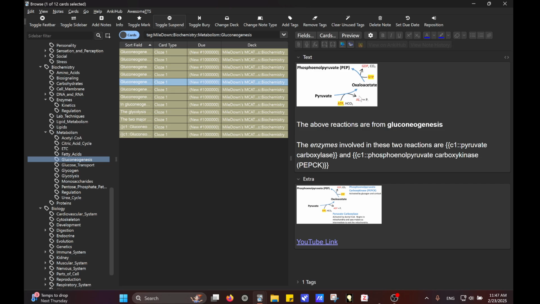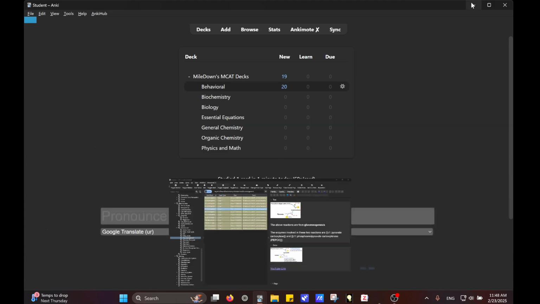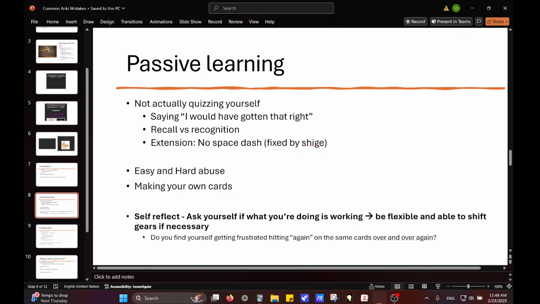I was just not getting it, and I probably wasted a lot of time just cycling through these cards, hitting it again and again. What I ended up doing is I just started drawing out the pathways, and I found that that was a much better use of my time, even though I wasn't using Anki like I was supposed to, because everyone says, oh, you should use Anki, but it wasn't working for this. So drawing the pathways worked, and probably it worked for you when you took biochem.